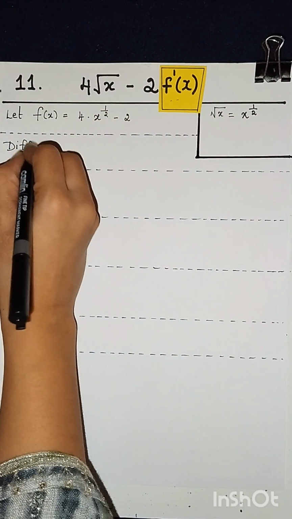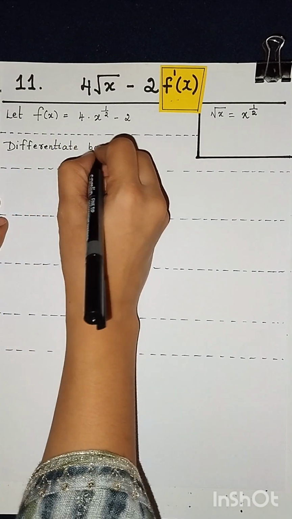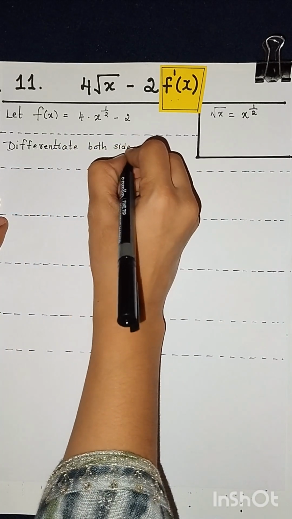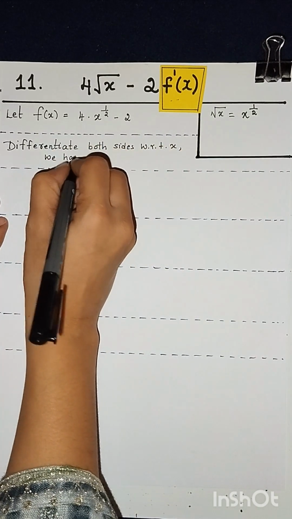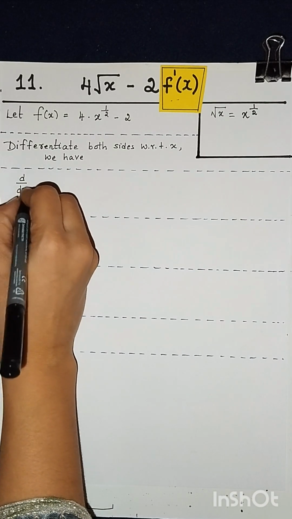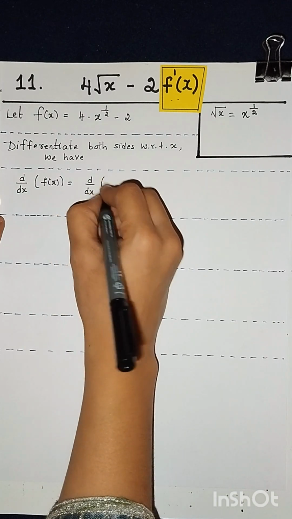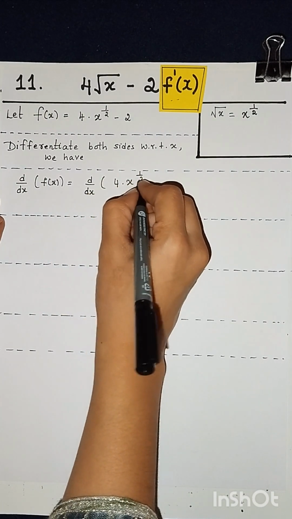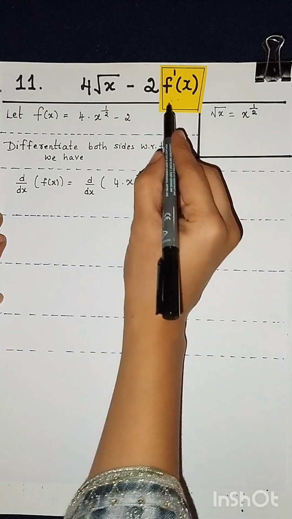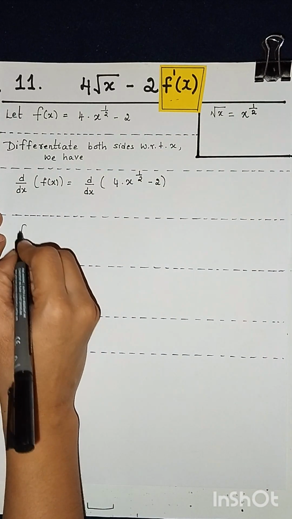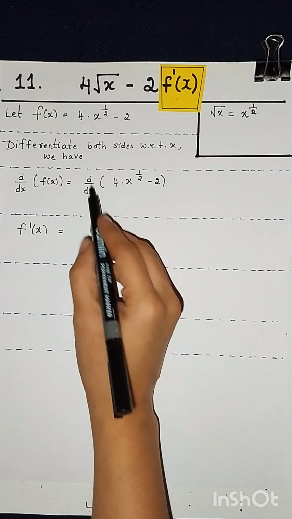So we will differentiate both sides with respect to x, we have d by dx of f of x is equal to d by dx of 4 into x to the power 1 by 2 minus 2. So d by dx of f of x is nothing but f dash of x.